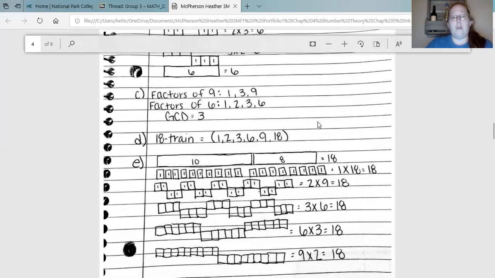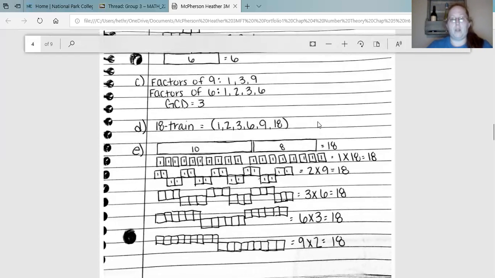So with an 18 train, you have a 10 centimeter rod and an 8 centimeter rod put together. And so you'd have to figure out what factors would make 18. So it'd be 1 and 18, 2 and 9, 3 and 6.